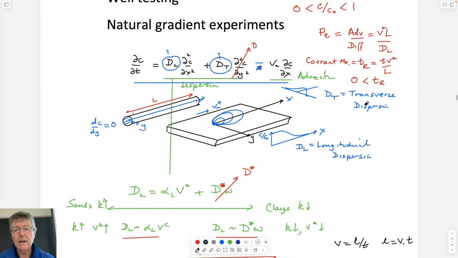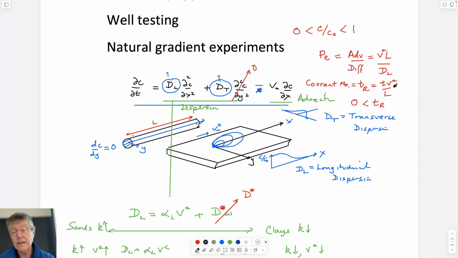And of course, as Garrett said, this is a length, velocity times time. It's the length the plume goes in a given time, and it's often used as a choice to make a time step for numerical models.